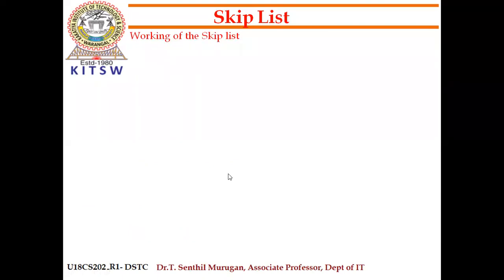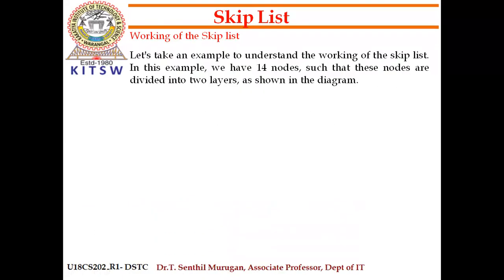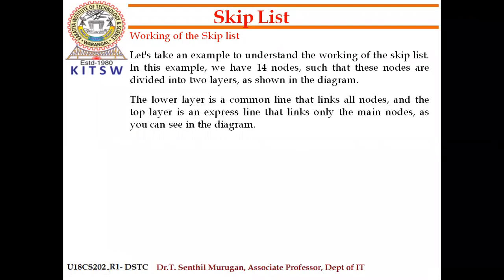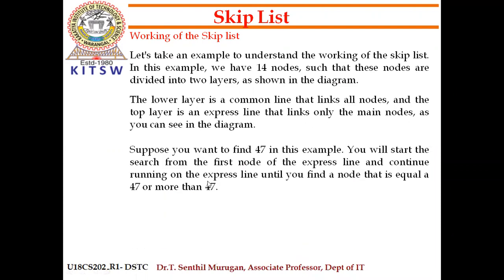How does the skip list work? Let's see that. Whatever I discussed in the diagrammatic representation, the same thing we are explaining here in theory. The lower layer is the common line that links all the nodes, and the top layer is the express line that links only the main nodes, as you can see in the diagram.